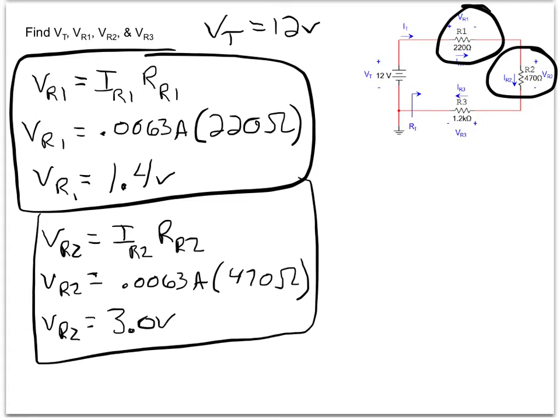And then finally the third component. Volts equals current times resistance. Volts we don't know. Current is the same at each component in a series.